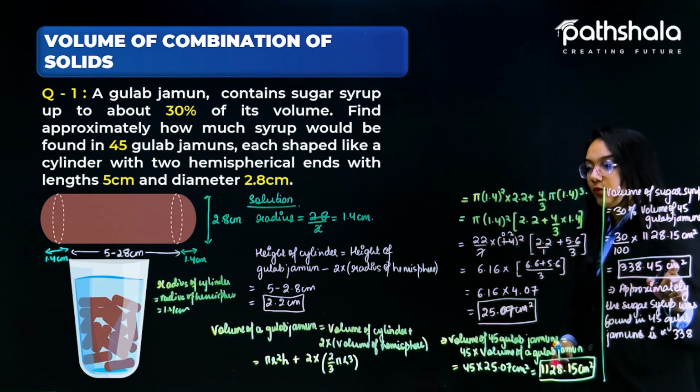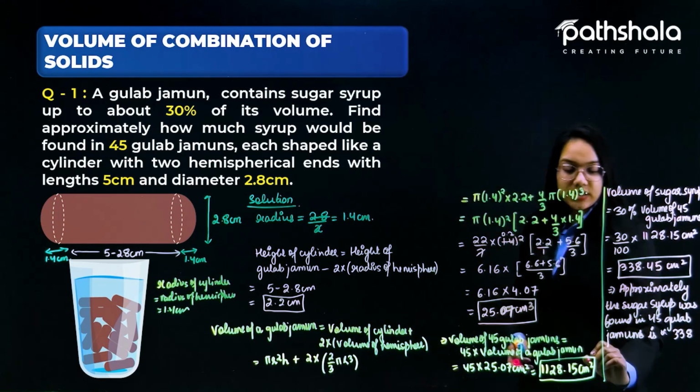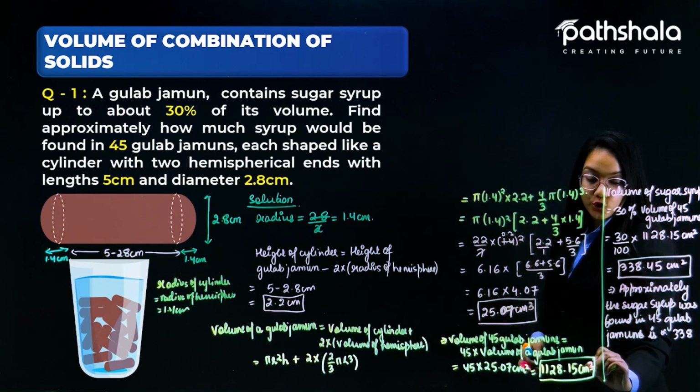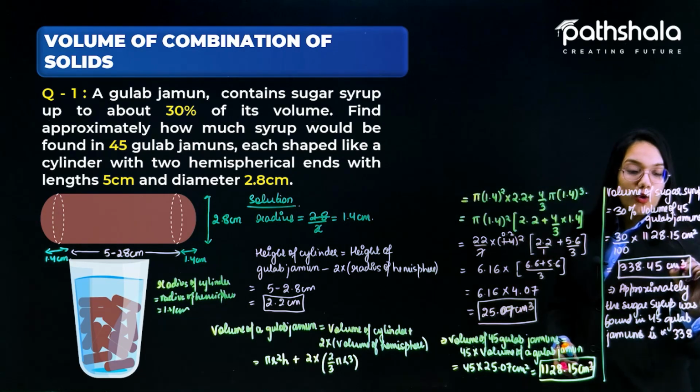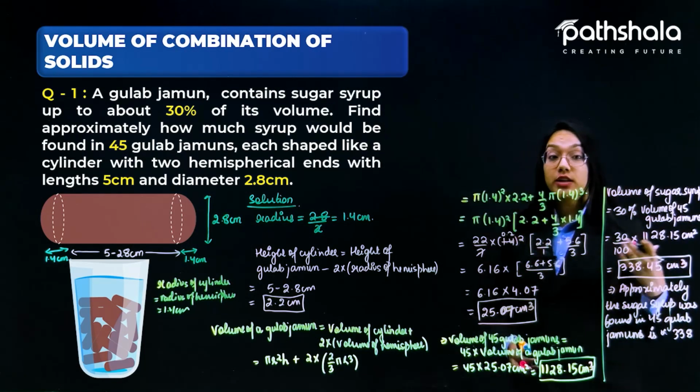Since it is a volume, this is centimeter cube, not centimeter square. We know that the volume is always a cube, it is not centimeter square. So this is again a cube, and this is again a cube. Always remember that the dimensions for the volume is always a cube, not the square.